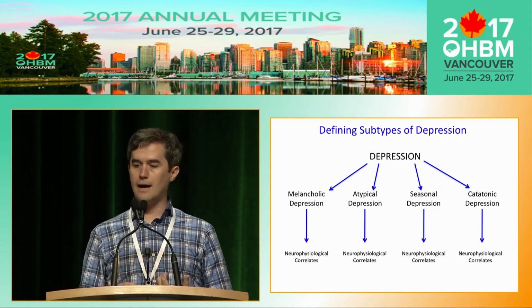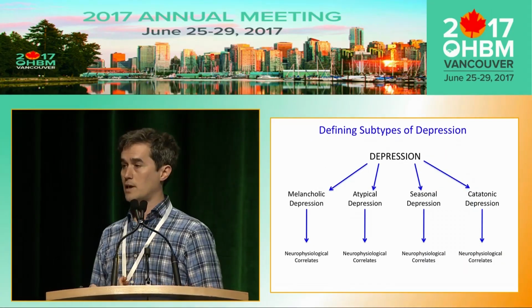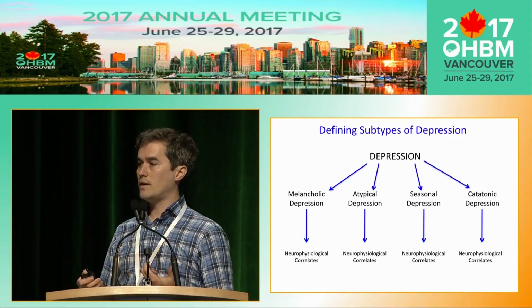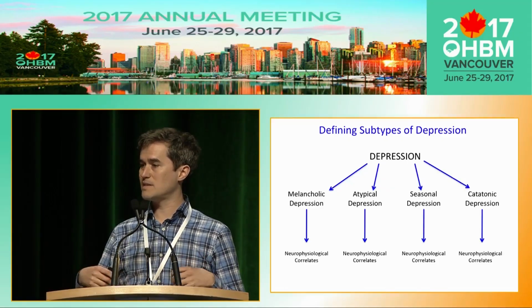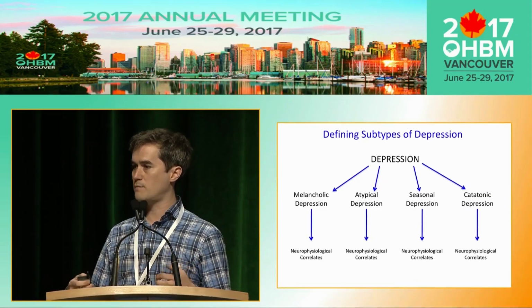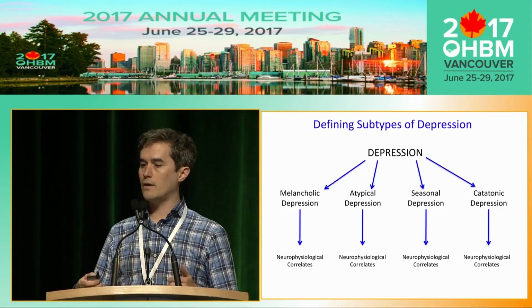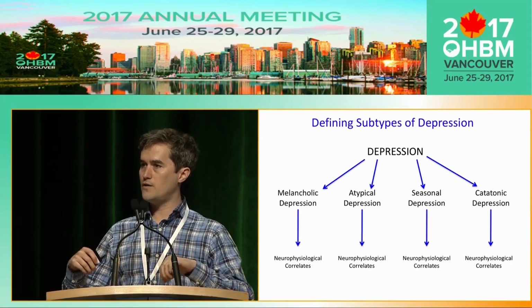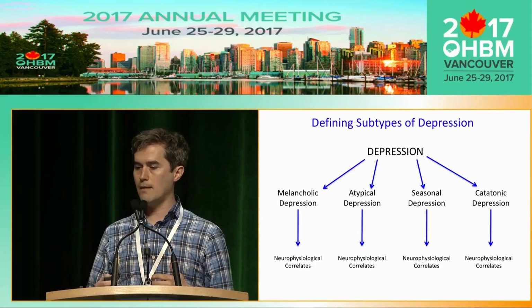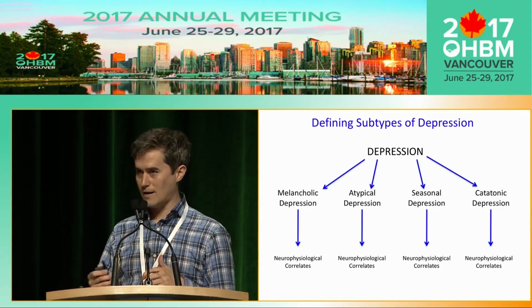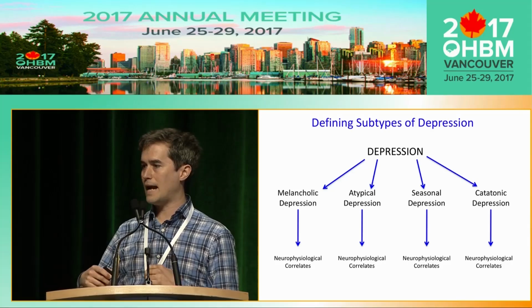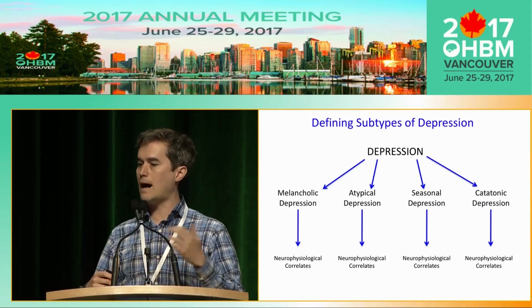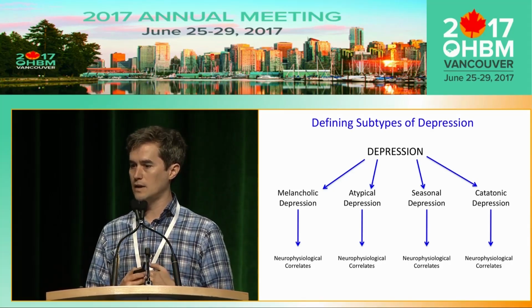Historically, the way we've gone about subtyping depression is by asking whether there are subsets of clinical symptoms that tend to co-occur in groups of patients, and then asking whether we can use those subgroups to identify neurophysiological, endocrine, biological, pick your favorite physical marker that might have a better correspondence between biology and clinical diagnosis.